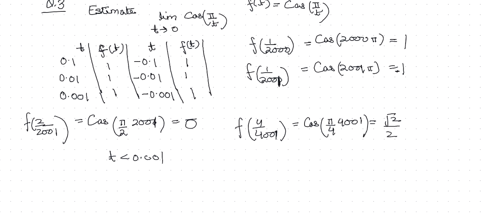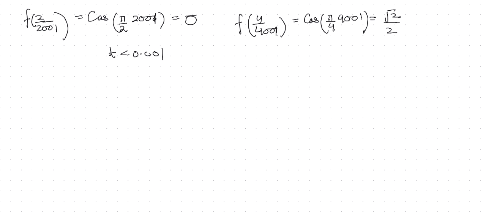So by the definition of the limit, all the function values should be approaching the same value as t gets closer and closer to the point. Here, if we draw the graph, it would be something like this.